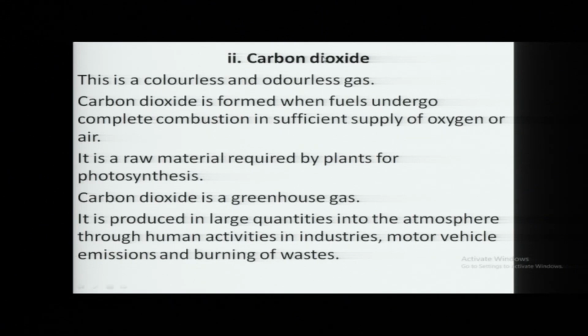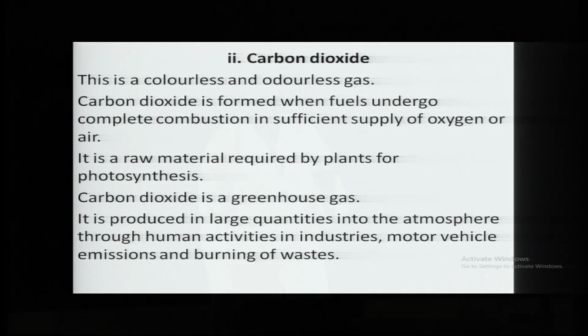We talked about that among the chemical properties of carbon, its reaction with oxygen. So this is the carbon dioxide that is formed in what we call complete combustion. Carbon dioxide is a colorless and odorless gas. It is formed when fuels undergo complete combustion, with a sufficient supply of oxygen, or air, in other words.